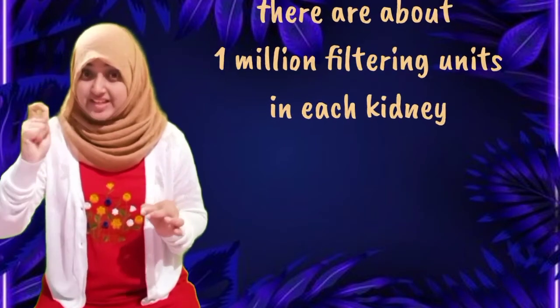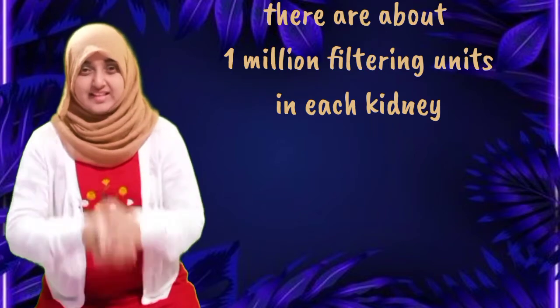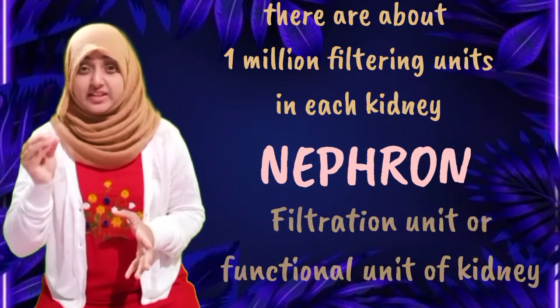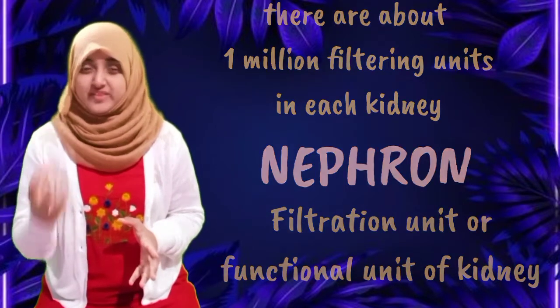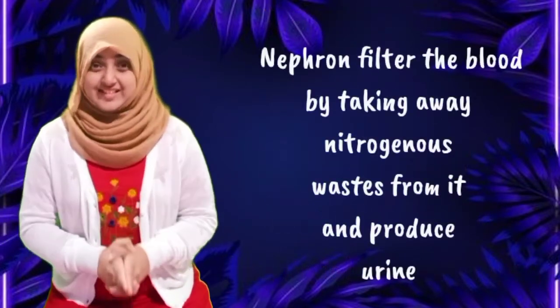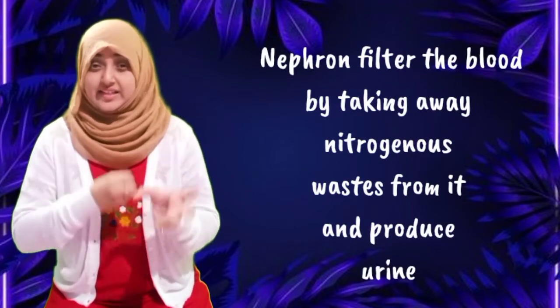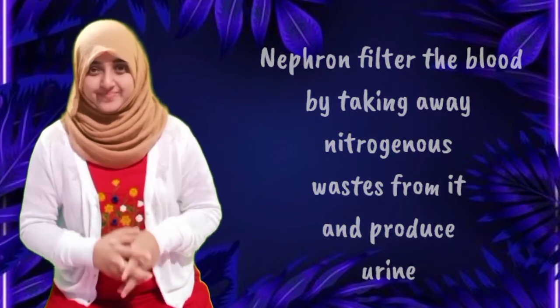Well, yes. There are about 1 million filtering units in each kidney called nephrons. And these nephrons are called the filtration units or the functional unit of the kidney. These nephrons filter the blood by taking away the nitrogenous wastes from it and produce urine.